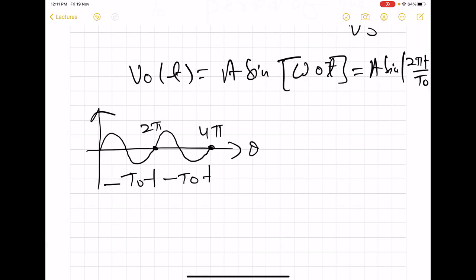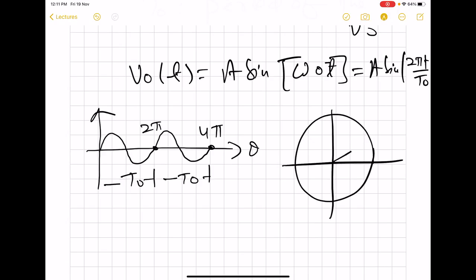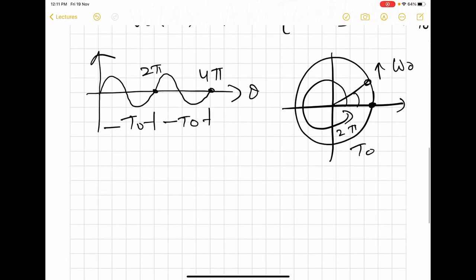2 pi phase. Since we know that these waveforms are produced because of a phasor rotating with angular velocity omega naught, one period is basically the amount of time that it will take to complete one complete revolution. So if we have the ideal case, then it will always cover this 2 pi phase in T naught duration, and we say that omega naught is constant.